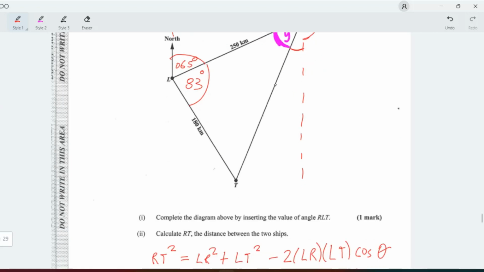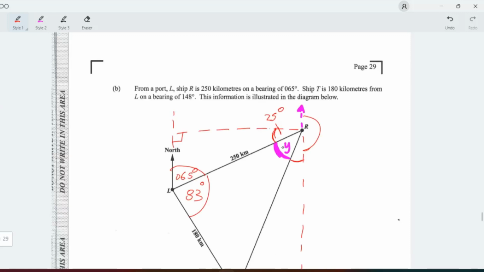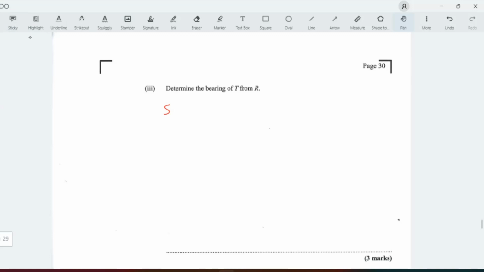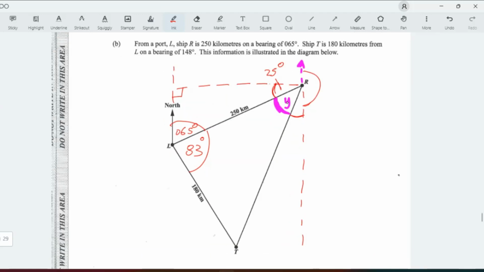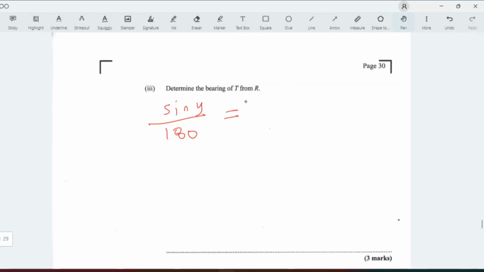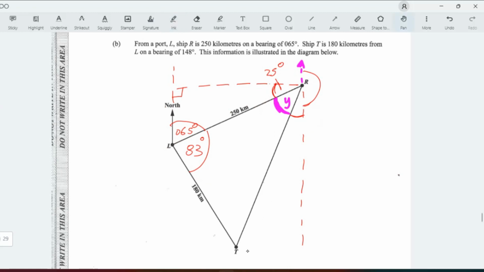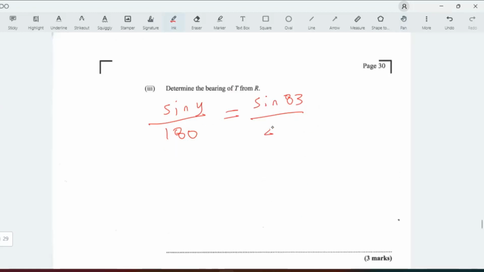So to find y, what do we know? We know that sine y over 180 must be equal to, which angle do we know? The 83. It's equal to sine 83 over this side, RT, which was 290 or 289.7.